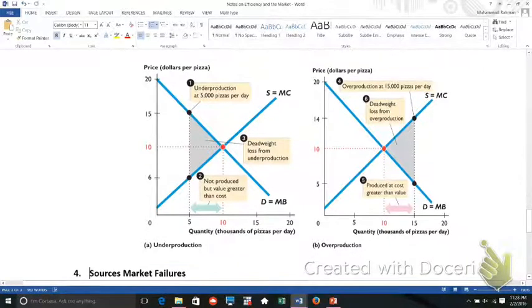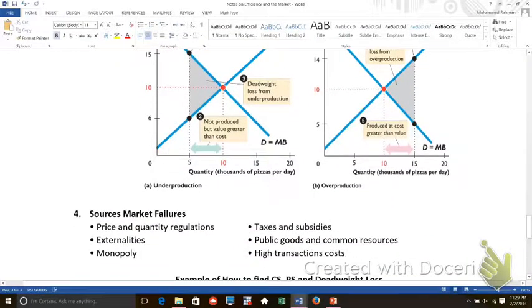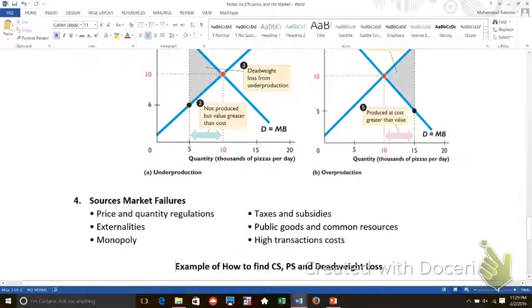Okay, so this is an important concept, and now we are going to talk a little bit about the various sources of market failure. What we are mainly talking about here is the various ways the market can underproduce or overproduce that result in market failures.